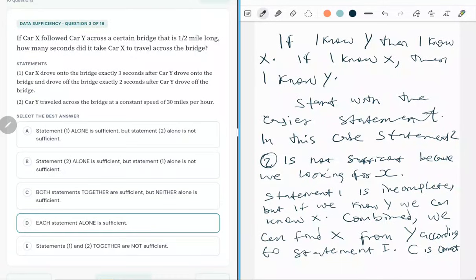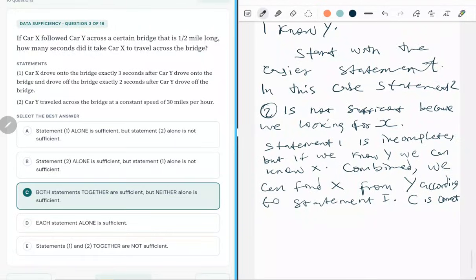Oh, so if we know it's 0.2, how many seconds did it take car X? So that means we need speed, right? Yes, we need speed. Let me rephrase the question.